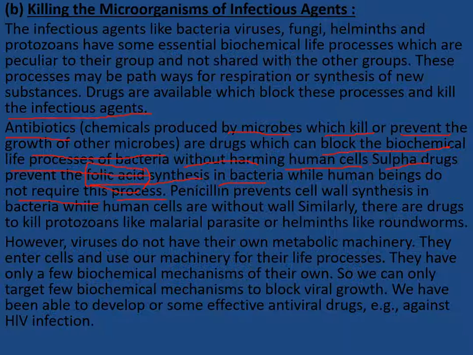Next, penicillin prevents the cell wall synthesis in the bacteria. Penicillin is one type of antibiotic which prevents the cell wall synthesis of the bacteria, while cell walls are not present in the human body, right?